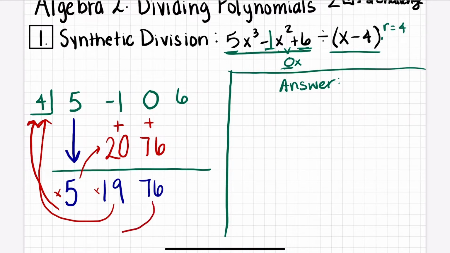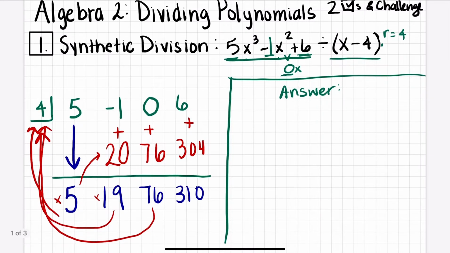We're going to multiply 76 by 4, and we are going to get 304, which goes right here. And you're going to add the 6 and the 304, which gives us 310. And you are pretty much done in figuring out the coefficients of your answer.